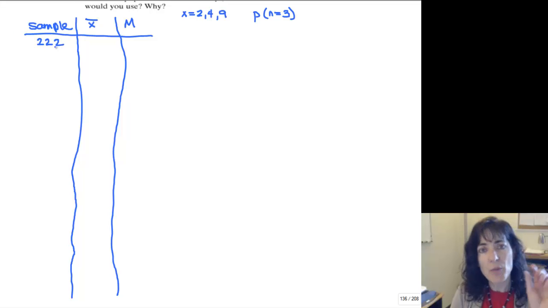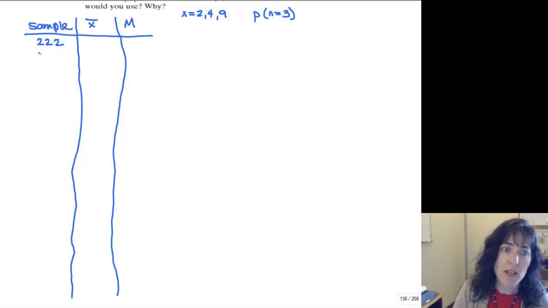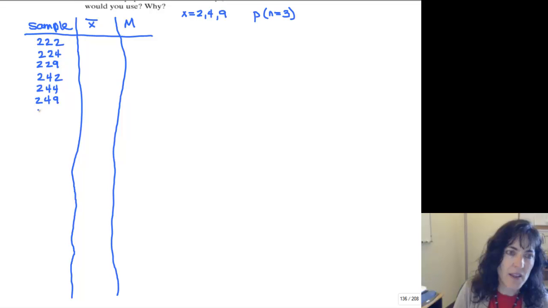So say they're in a hat, I pick one, I put it back in, I pick one again, say I get 2 all 3 times, and then my next possibility is going to be 2, 2, 4, and then 2, 2, 9. And then 2, 4, 2, 2, 4, 4, 2, 4, 9, and then 2, 9, 2, 2, 9, 4, 2, 9, 9.